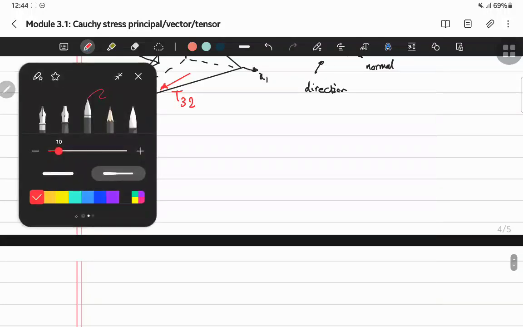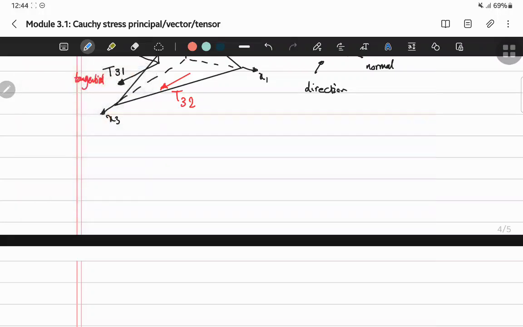So next, we're going to show that T is symmetric. So the stress tensor is symmetric. So let's show the proof.